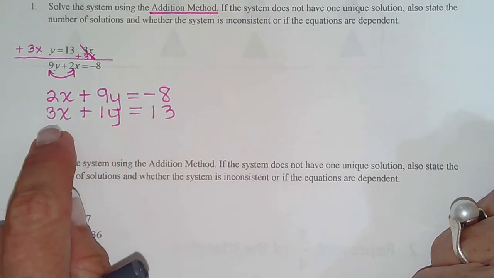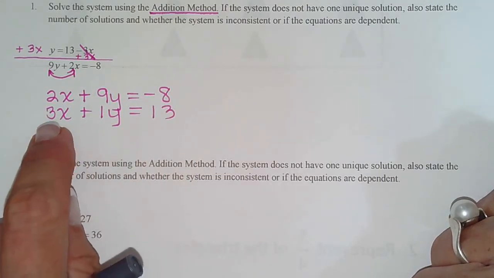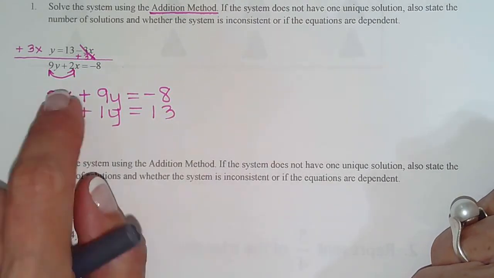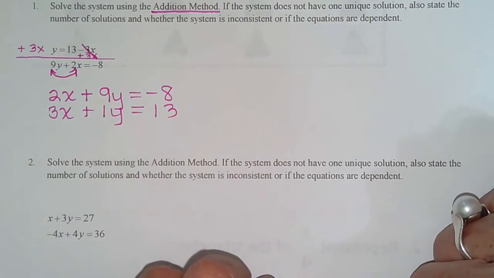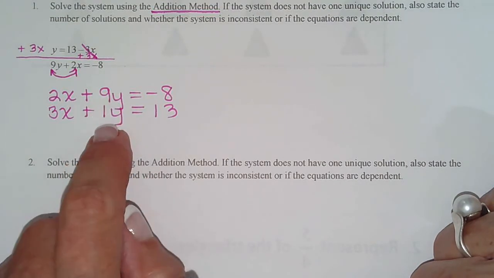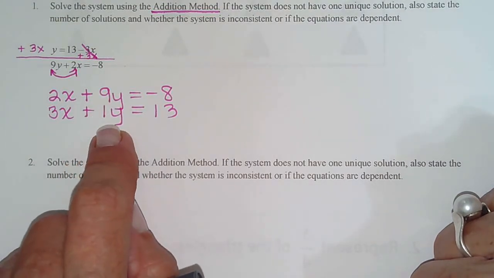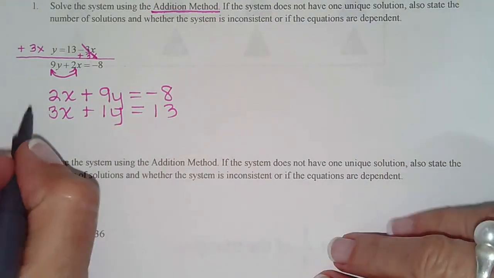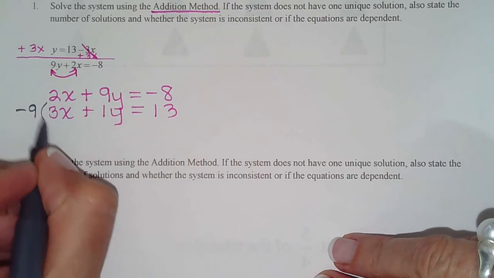If I wanted to make this negative 6, I'd multiply this whole equation by negative 2. That's what they mean by opposite. Same number, different signs. Or I could pick the y's. This one's 9y. All I'd have to do is make the bottom one negative 9y. Done. So I'm going to pick that one because then I don't have to multiply both equations.